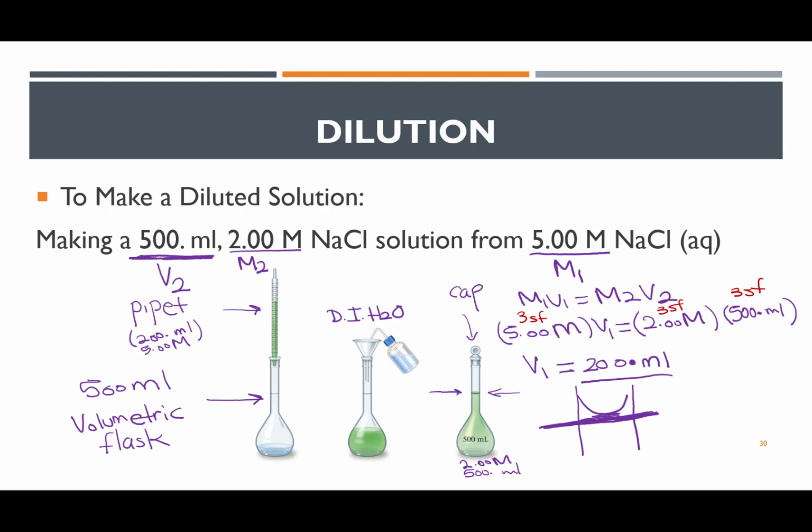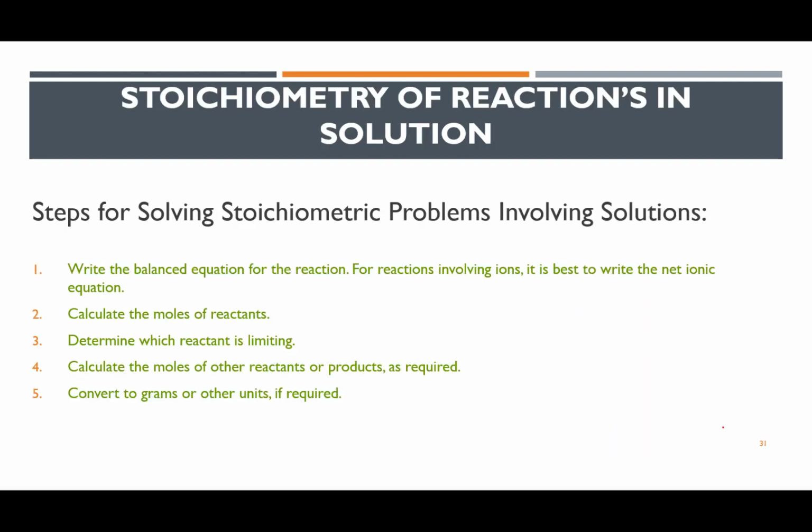Alright, now what we're going to do next, we're going to talk about stoichiometry when we are dealing with concentrations. We've already talked about stoichiometry, when we talked about molarities, number of moles and masses, and what you had to do is find the limiting reactant, and from the limiting reactant convert the moles to the mass of the product.